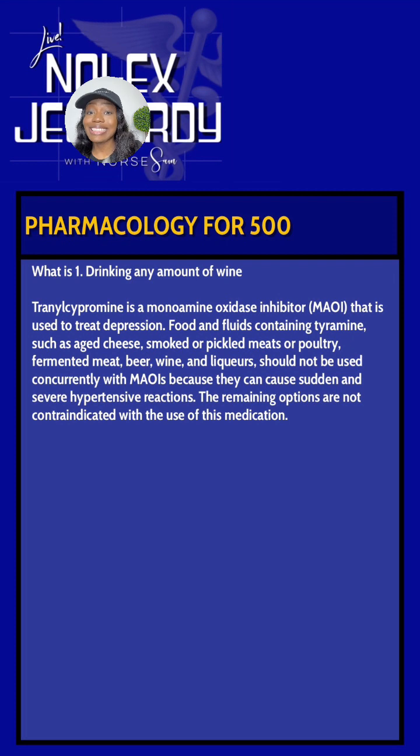It says food and fluids containing tyramine, such as aged cheese, smoked or pickled meats or poultry, fermented meat, beer, wine, and liquors should not be used concurrently with MAOIs. Why? Because they can cause a sudden and severe hypertensive reaction. And those are life-threatening.